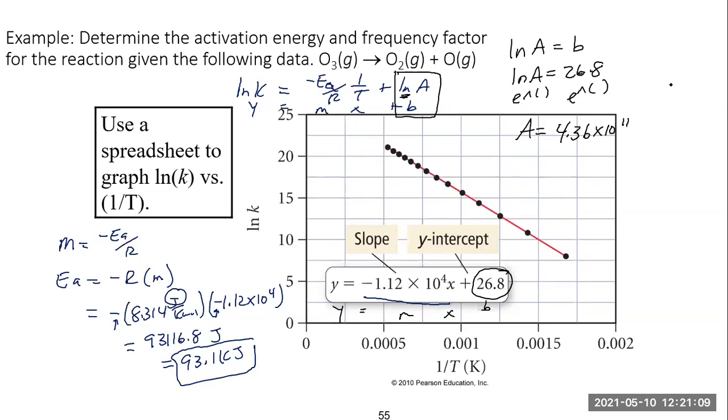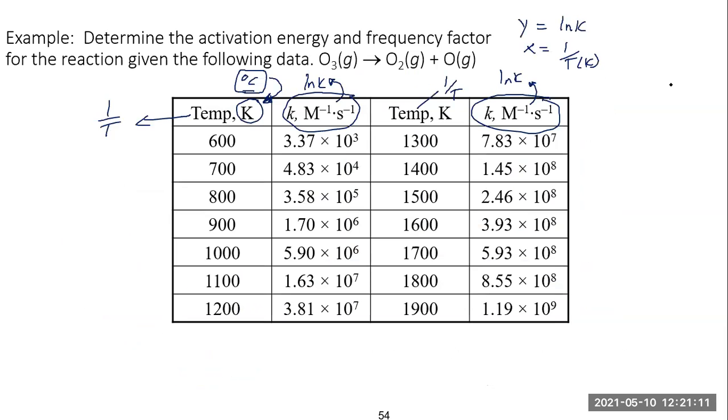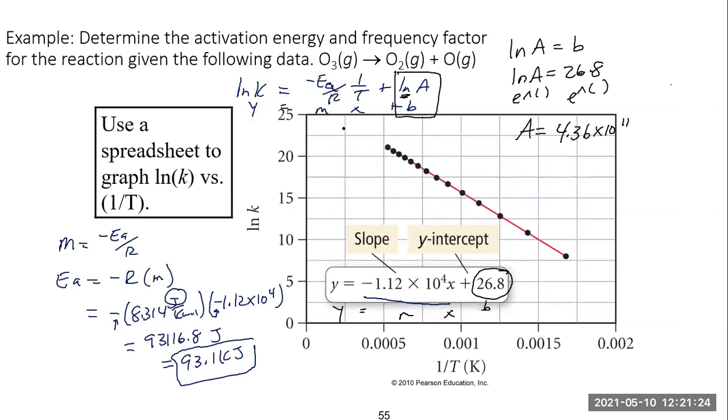Well, as mentioned earlier, if we back up to our table, typically the units of A match the units that we have for K. So this would be 1 over molar seconds, which would match. And why is that?